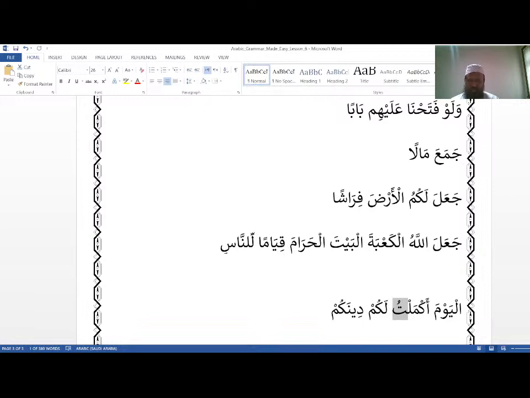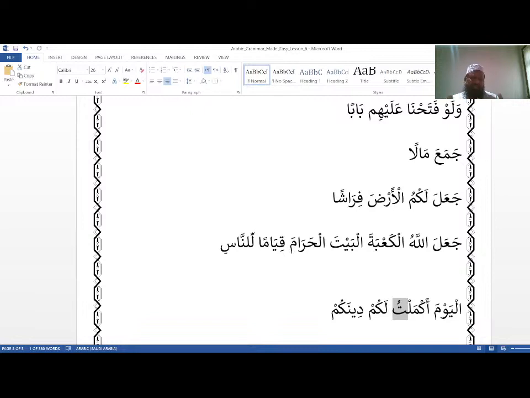Yes, it is also maf'ul because we see it in halatun nasb. But it's coming before the fail. The normal order we've learned fail, fa'il, then maf'ul. So as we said, sometime maf'ul also can come before the fail.